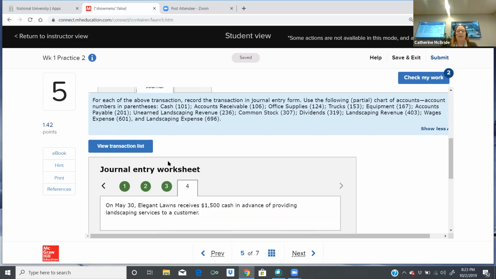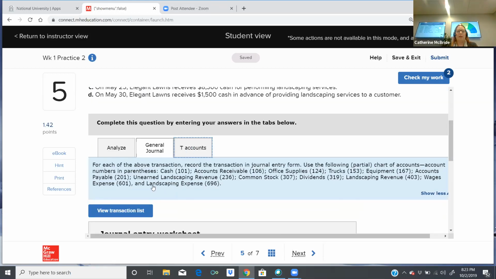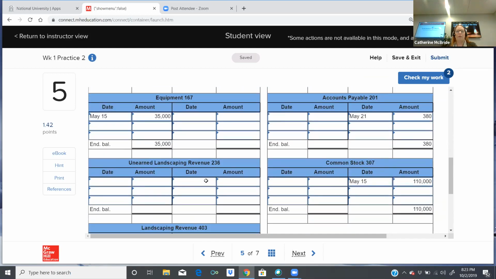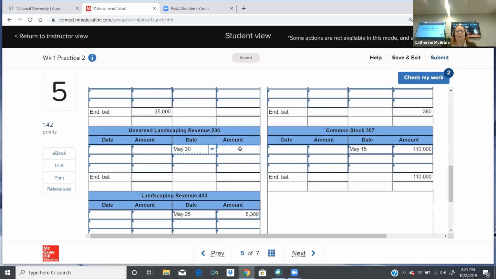Now I'm going to go to my T accounts for the last time, and I increased cash $1,500, and I increased unearned revenue $1,500.